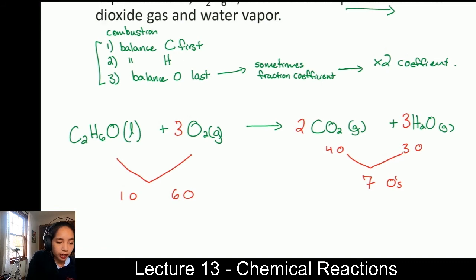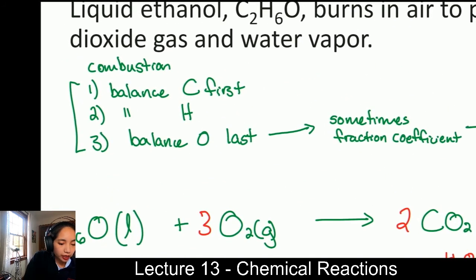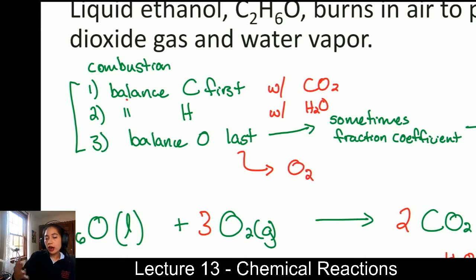So in this hint for balancing combustion reactions, balance your carbons first with CO2. Balance your hydrogen second with H2O. And then balance your oxygens last by putting a coefficient in front of O2 to make sure that you have the same number of oxygens on each side. So there's the hint for combustion reactions.